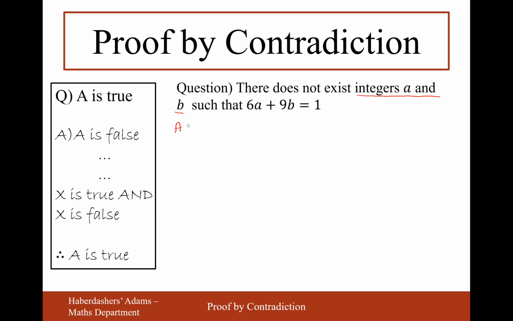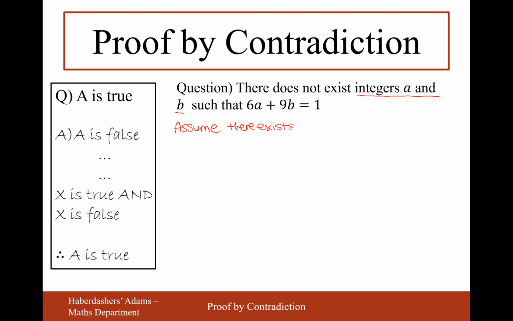But we need to set up the structure for the proof first, and that will be assume the opposite of this statement. Assume there exists. Because if we want to prove there does not exist, we'll assume the opposite, which is that there does exist.